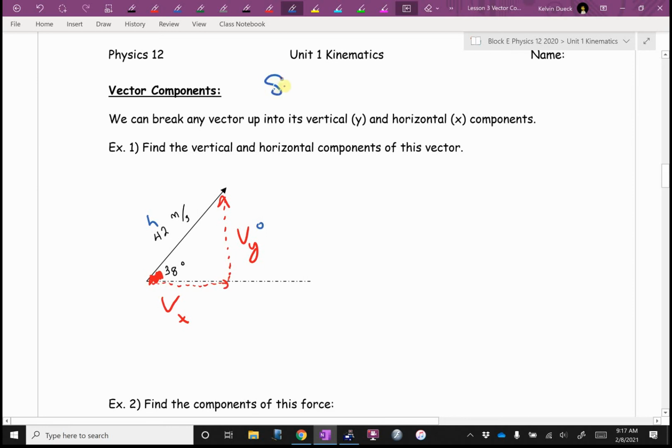Ooh. You know what? I'm going to go SOHCAHTOA. There we go. Which trig function? Sine. What always goes next to the trig function? Which in this case is 38 equals what over what?